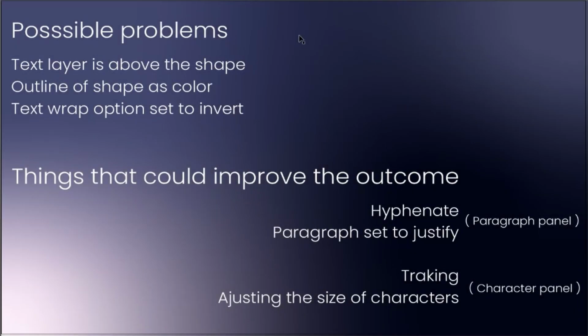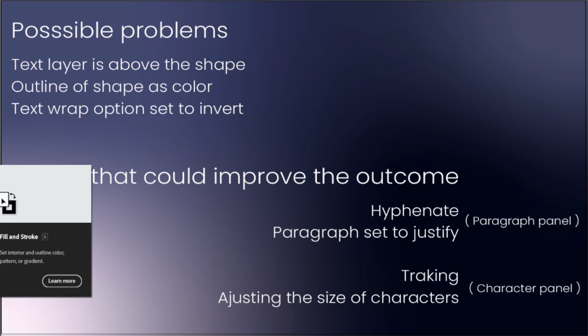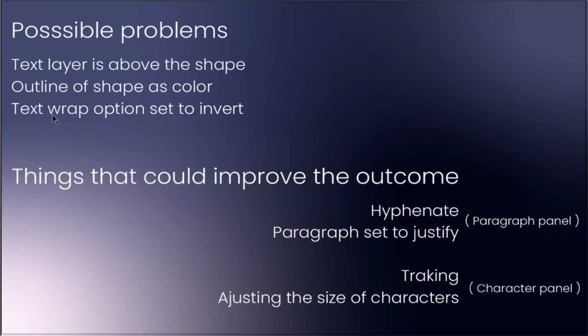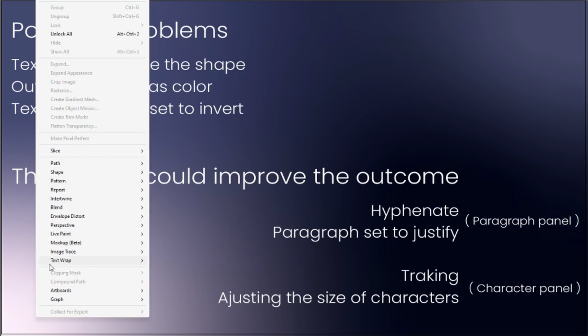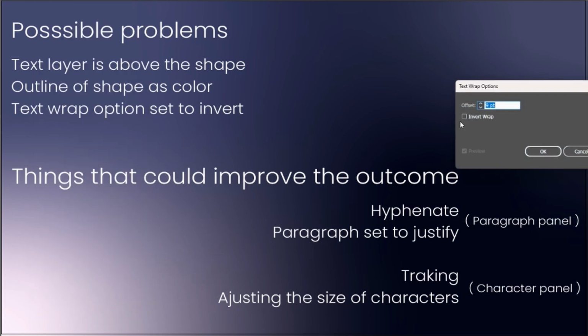To recap, I'm just going to go through a few problems you may encounter, like for instance, your text layer being above the shape or your shape stroke having a color. That could be a problem. And also it could be that you've ticked off the invert in your options here, invert wrap.